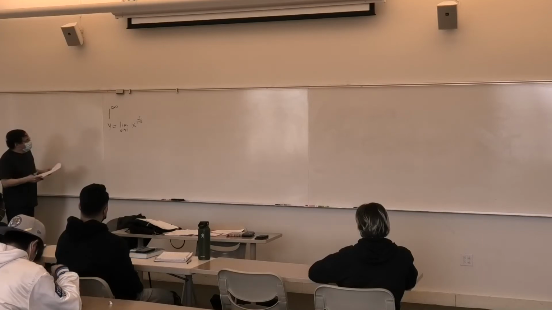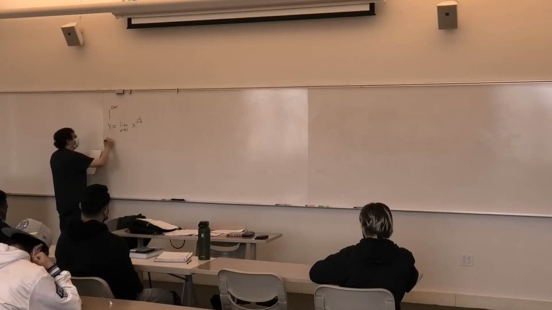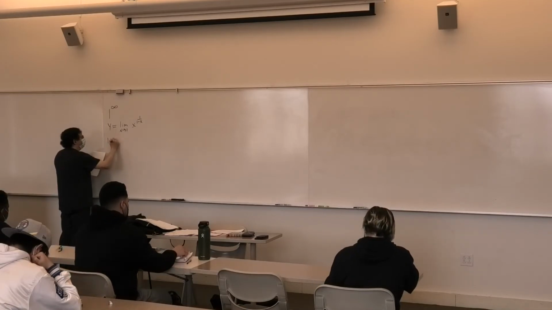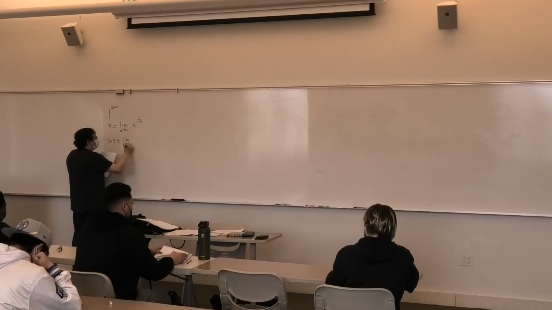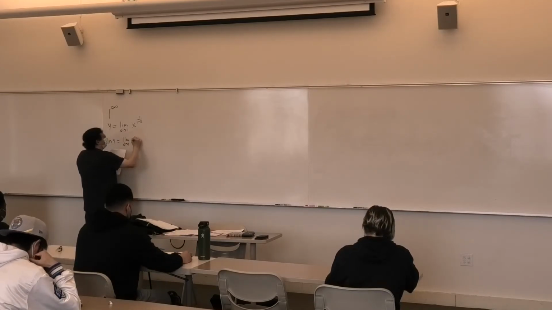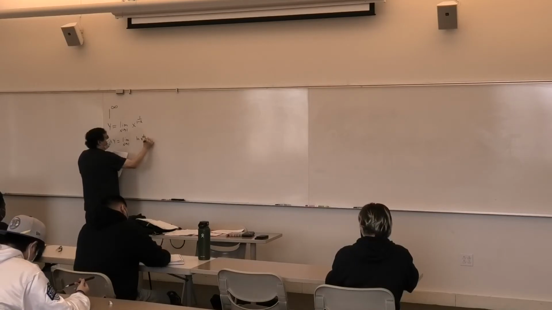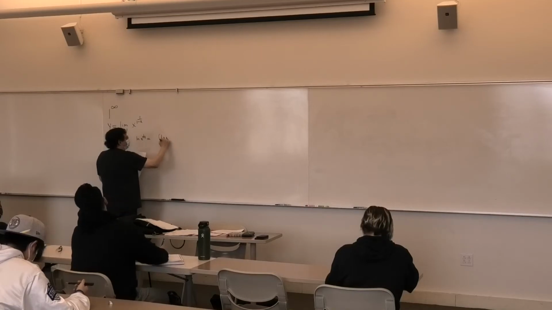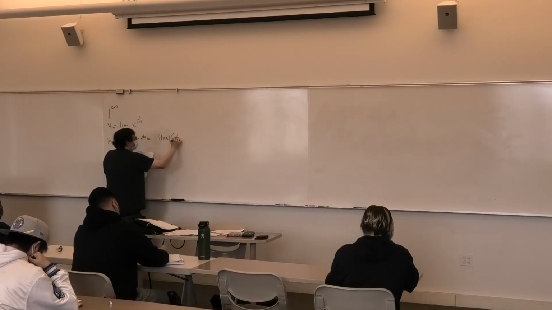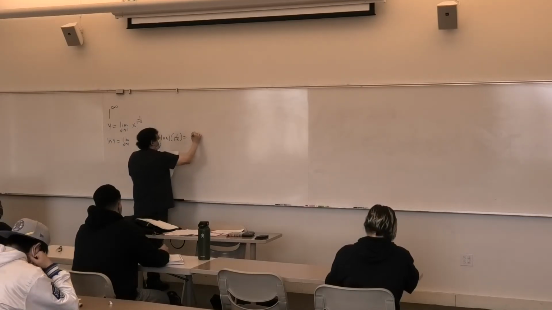And we're going to use the same strategy we did in the previous example. We're going to find the log of y. And then this is the limit as x goes to 1 of log of x to the 1 over 1 minus x, which is log of x times 1 over 1 minus x, or log of x over 1 minus x.